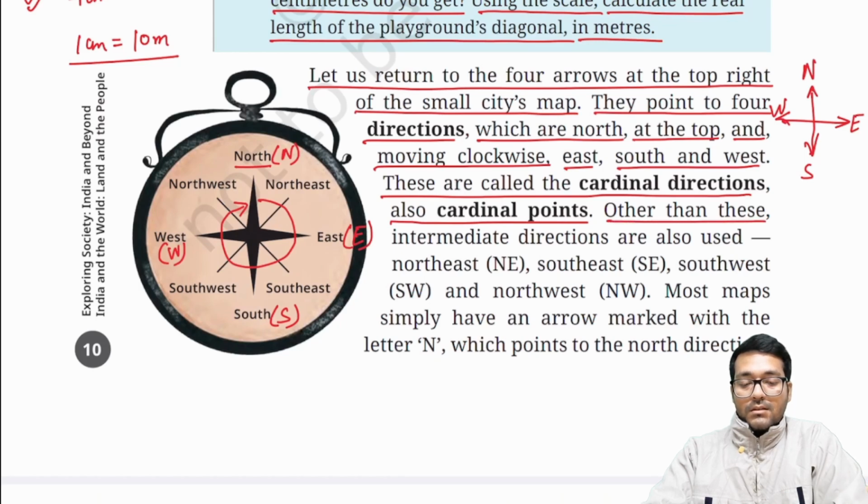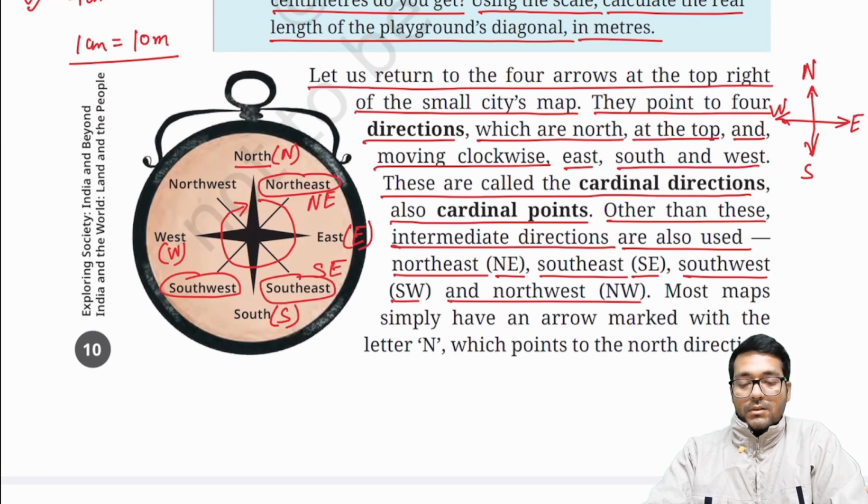Other than these, intermediate directions are also used, such as northeast, southeast, southwest and northwest. You can see northeast, southeast, southwest, northwest.